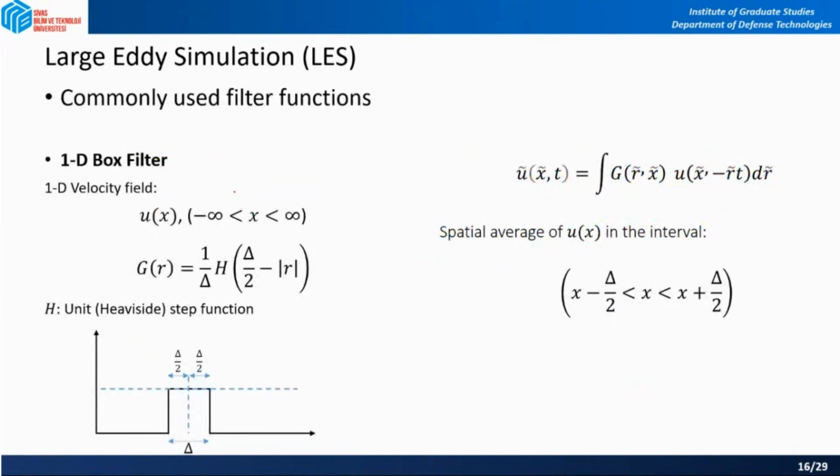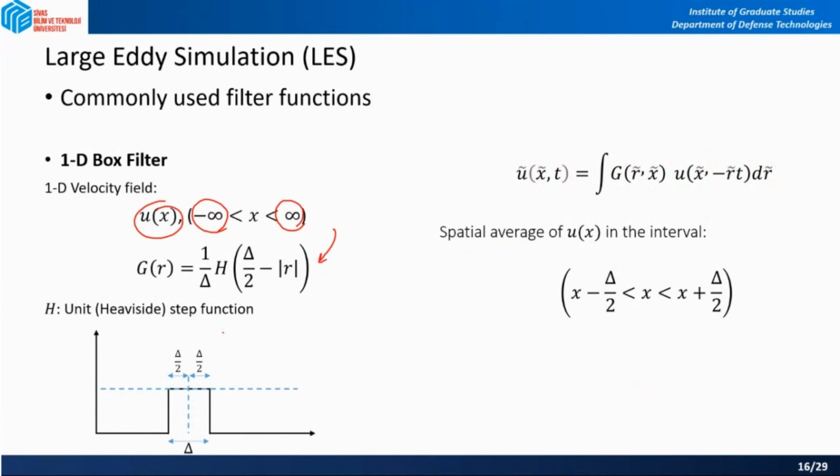In order for you to visualize in your mind, now I will try to explain in a very, very simple way. For a very simple one-dimensional velocity field, meaning that you have only u of x, and x is from minus infinity to infinity, you will define a one-dimensional box filter. The definition is like this: g of r is 1 over delta times H of delta over 2 minus the magnitude of r.